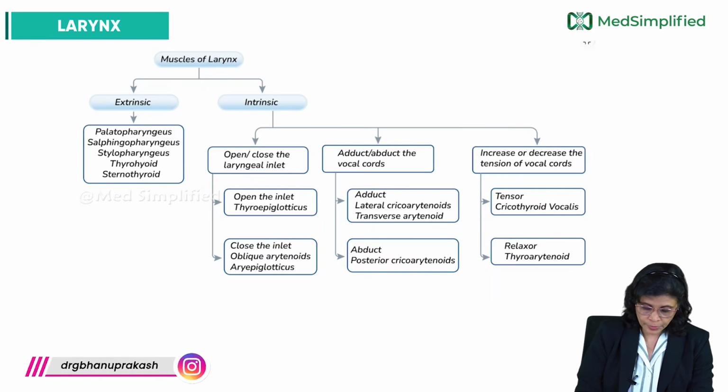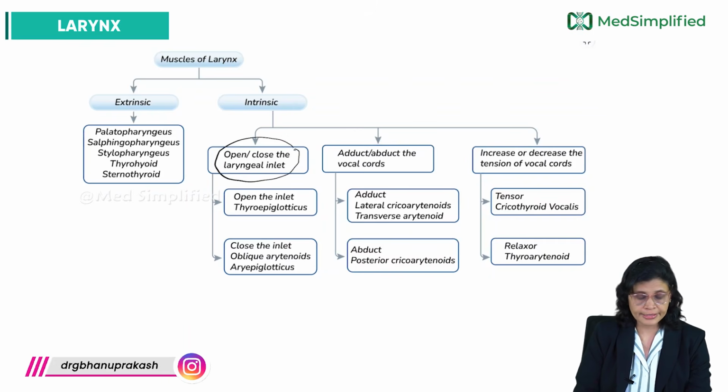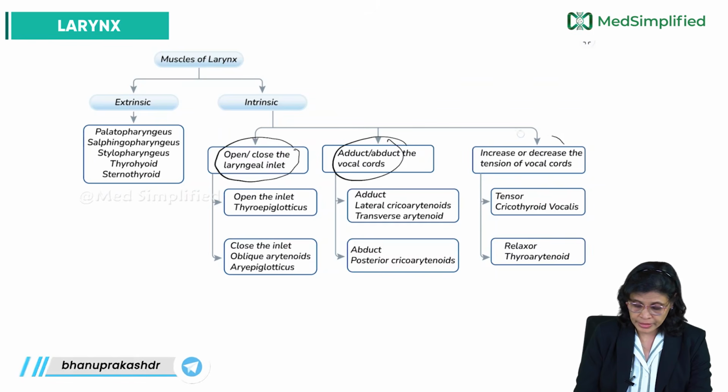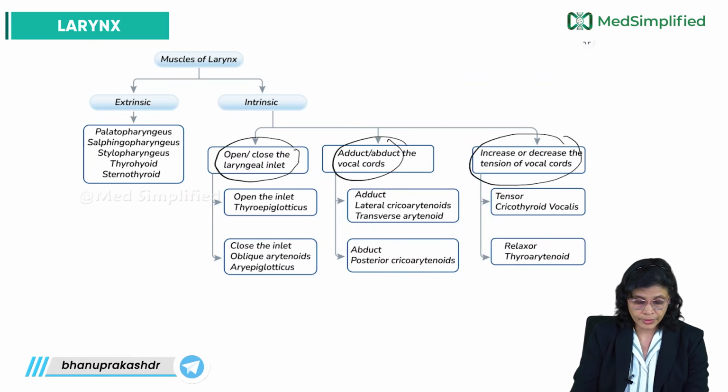The first group is one which opens or closes the laryngeal inlet. The second group is one which adducts or abducts the vocal cords. And the third group is which increases or decreases the tension of vocal cords.